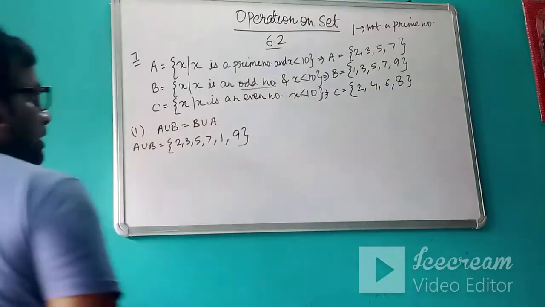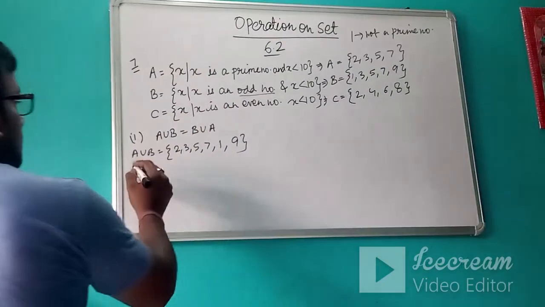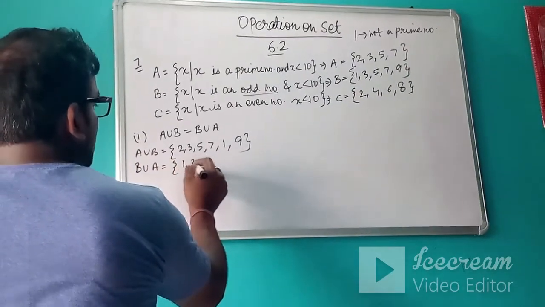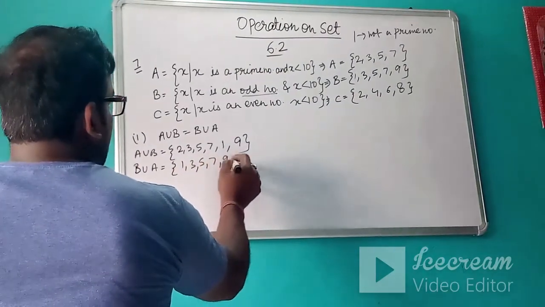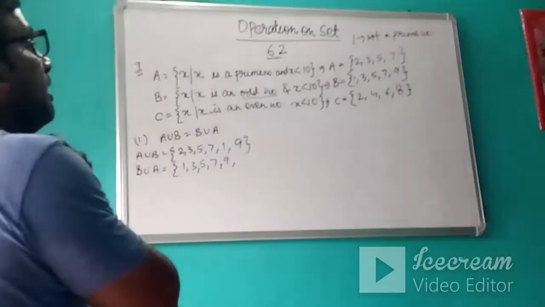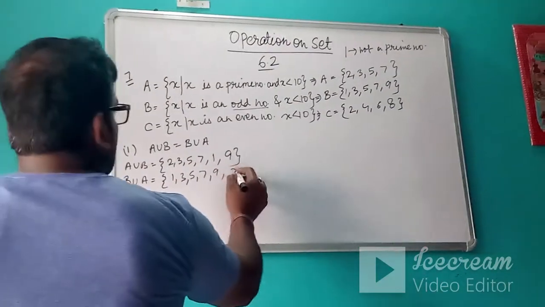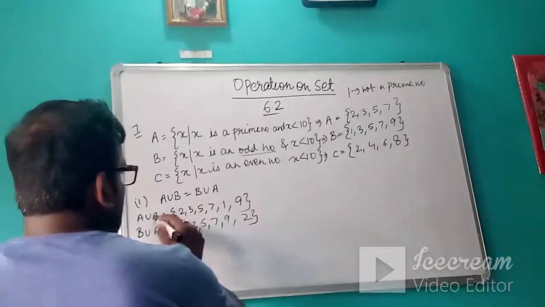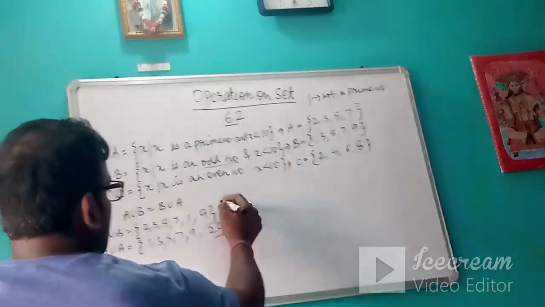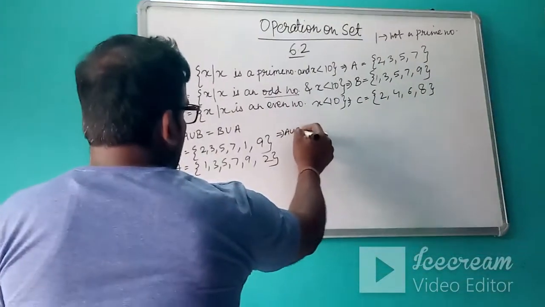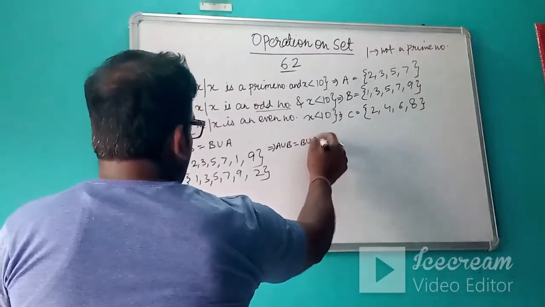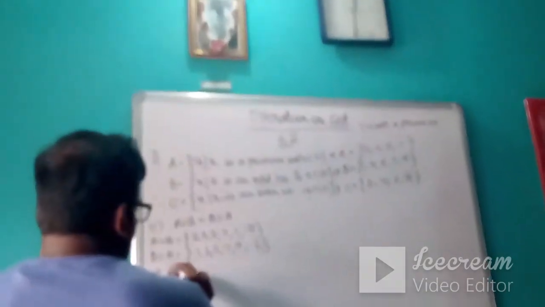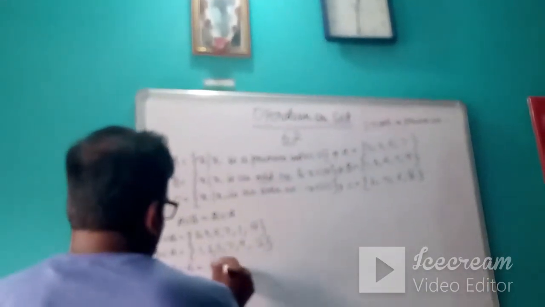This will be A union B. Then we will calculate B union A: all the elements of B, and the element which is in A but not in B, that is 2. You can see that all the elements are there in A union B and B union A. So we can write A union B is equal to B union A. Hence this is true.